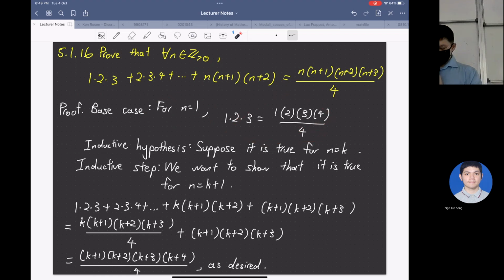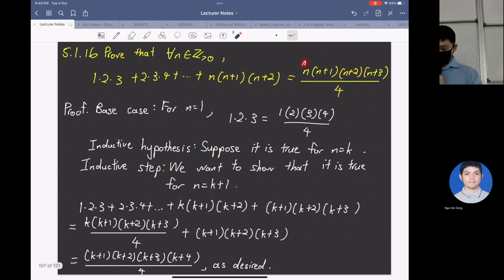Then suppose it's true for n equals k, and we want to show it for n equals k plus 1. So do it until k plus 1, and then show the formula is true when you substitute k plus 1 in. It should come out nicely.